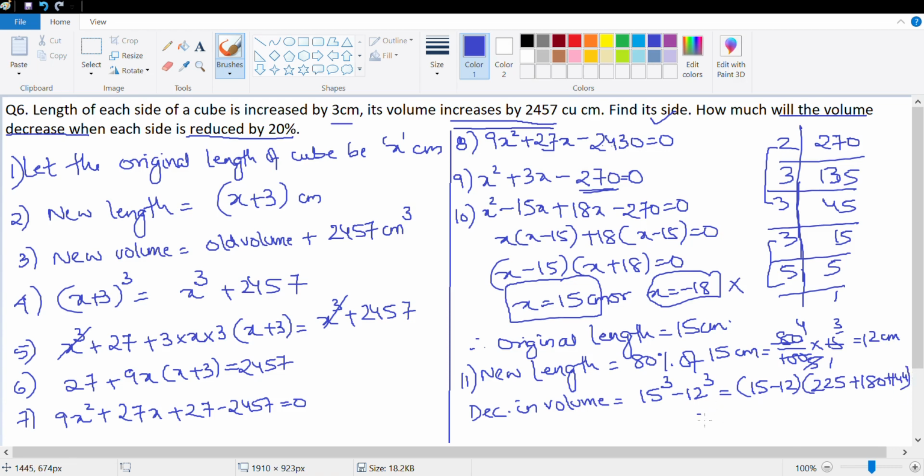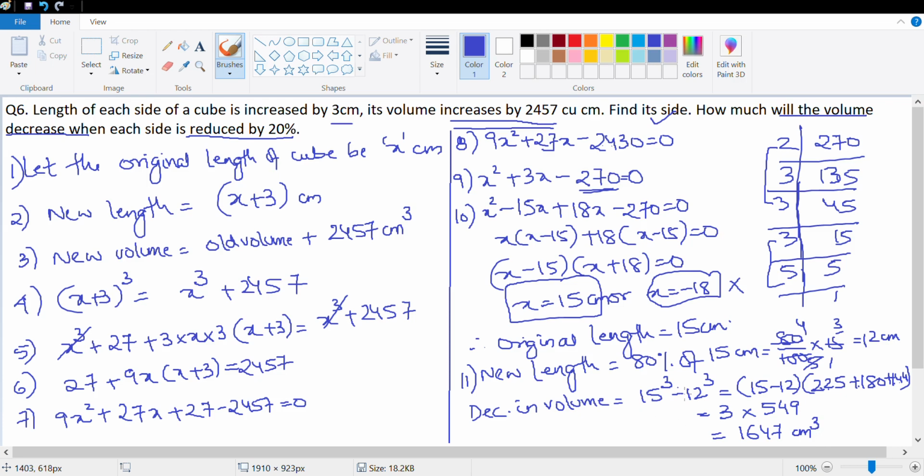So this is 15 minus 12, that's 3, multiplied with 549. So this is 1500 and 120, that's 1620 and 27. So this is 1647 centimeter cube.